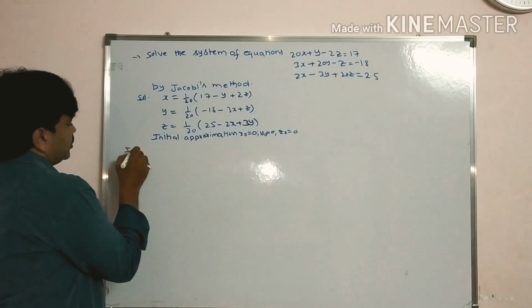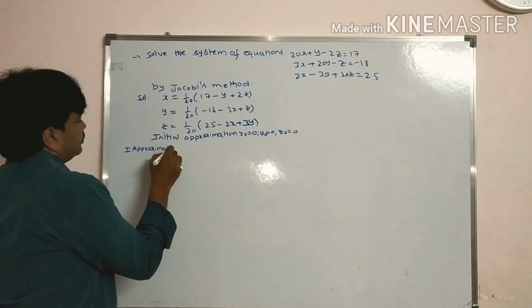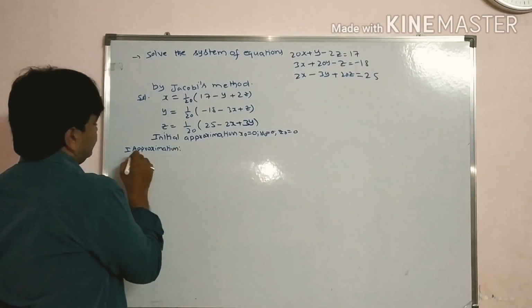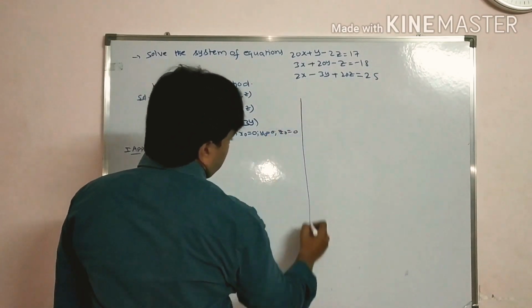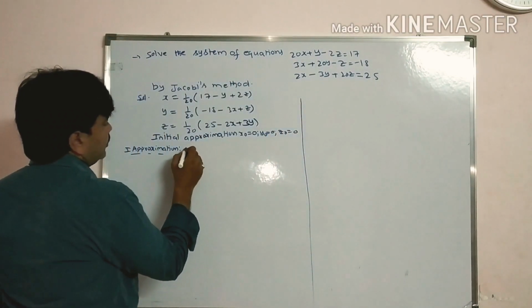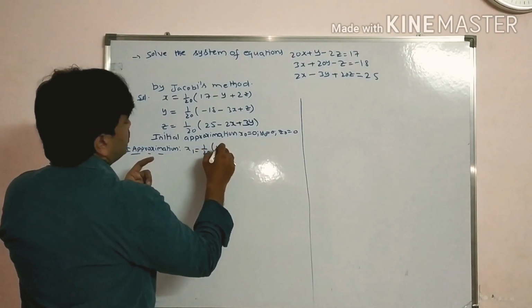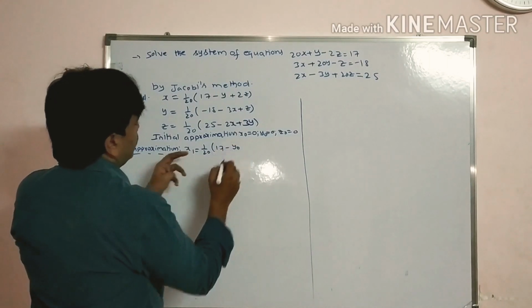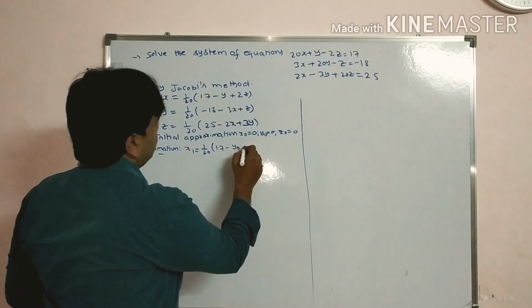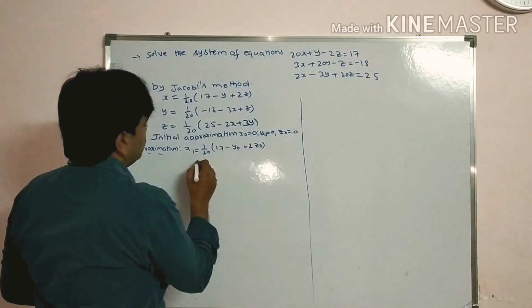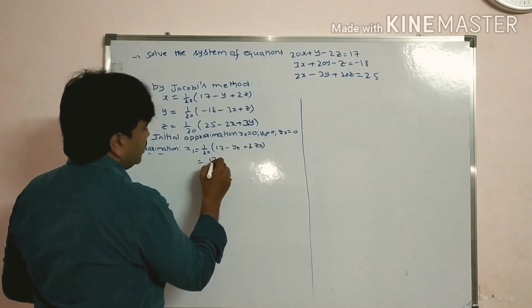Now the first approximation, x1 is equal to 1 by 20 bracket 17 minus y naught plus 2z naught. So y naught value is 0 and z naught value is 0. Finally we get 17 by 20.